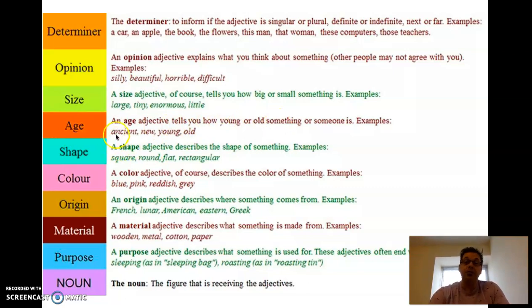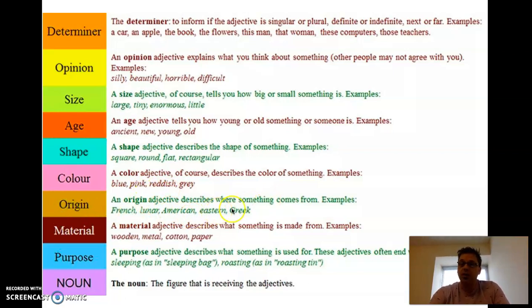Ancient, the pyramids of Egypt are ancient. New, young, old. Shape, right? These are the shape of something, the traditional shapes that you learn when you're a little kid. Square and round and flat and rectangular and triangular. Color, of course, tells us red, blue, pink, and words such as reddish or pinkish.